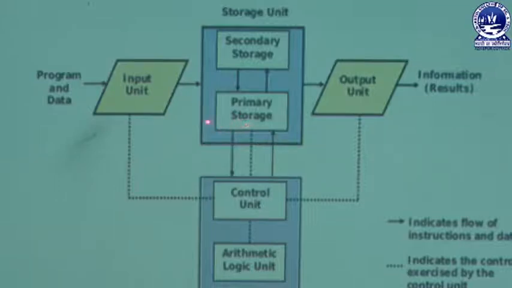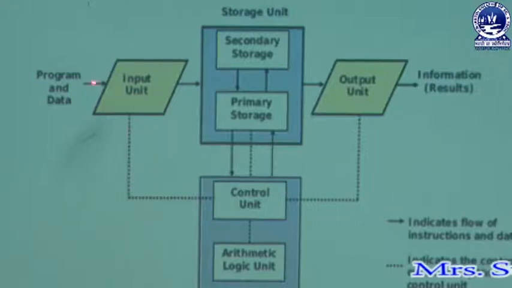You just remember that whatever data or program is given to the computer is going to be stored in the storage unit, and from the storage unit it goes for processing. The processing is done in the central processing unit, that is the CPU. So the data flows like this.